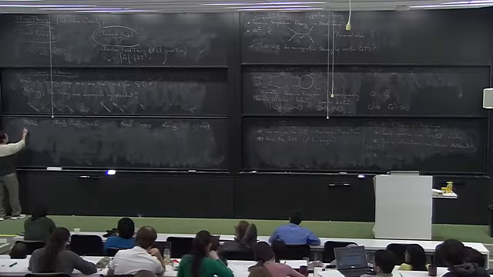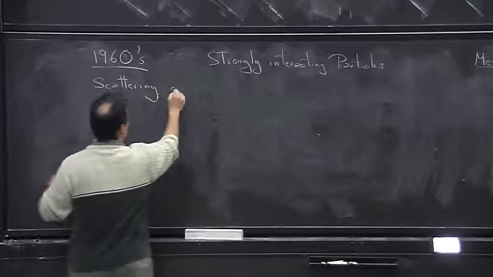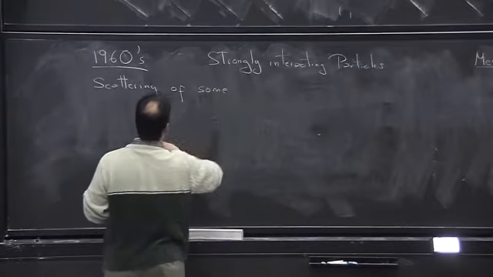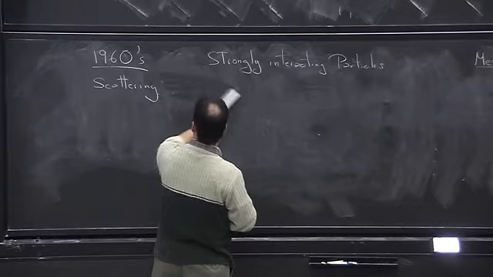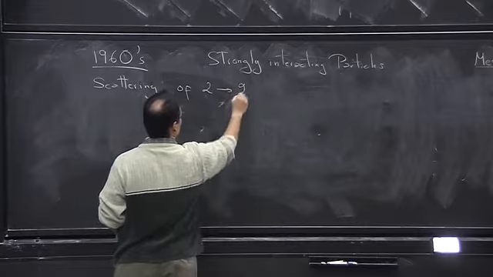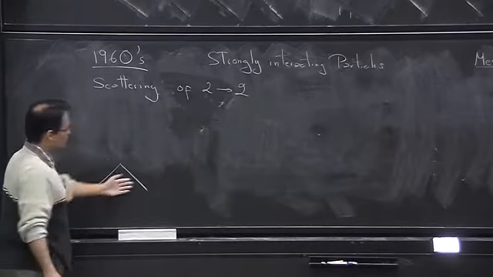Let's consider the scattering of some of these particles. Let's consider a scattering of 4 particles, 2 going to 2. So we have 2 particles. It doesn't matter who they are.